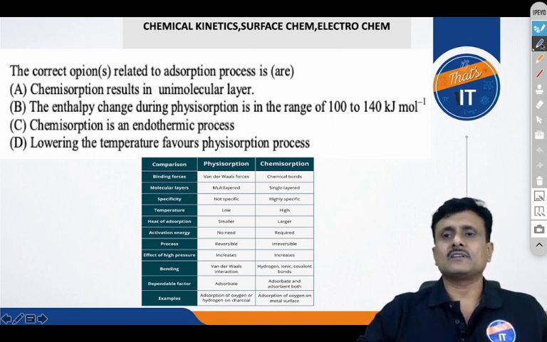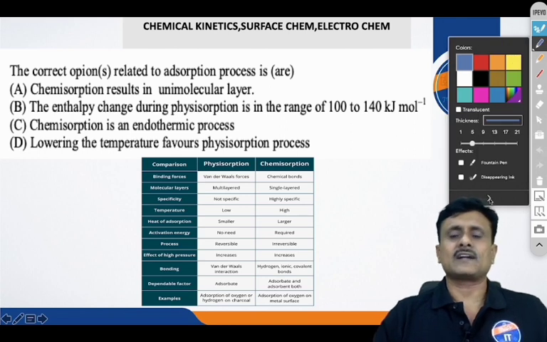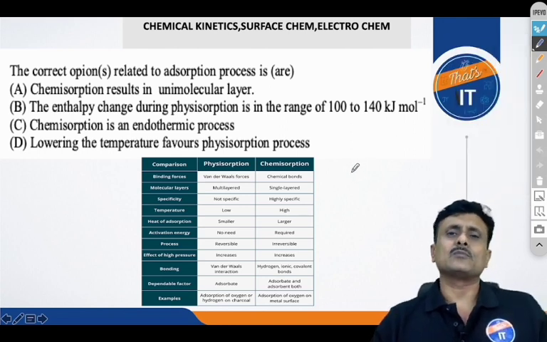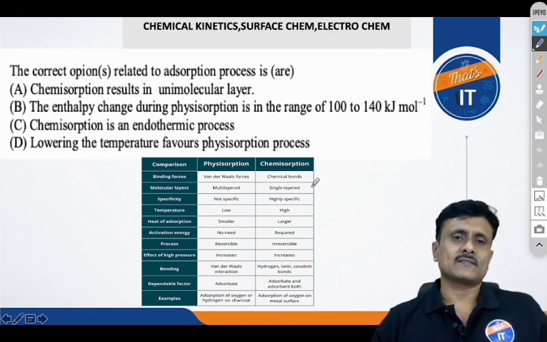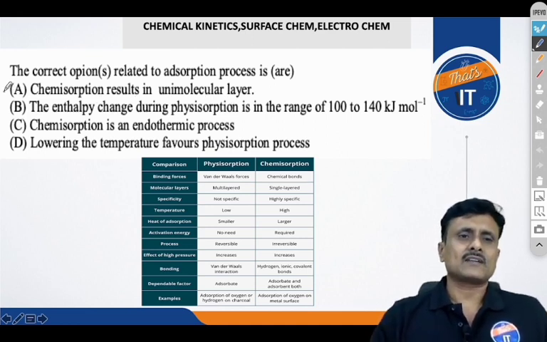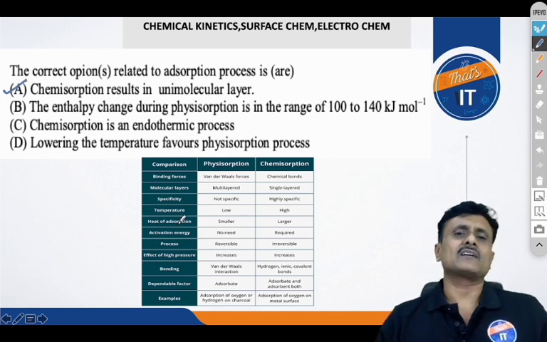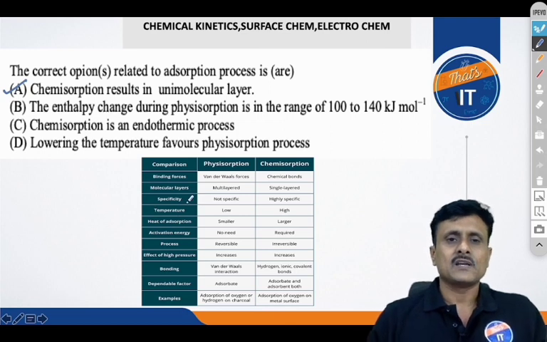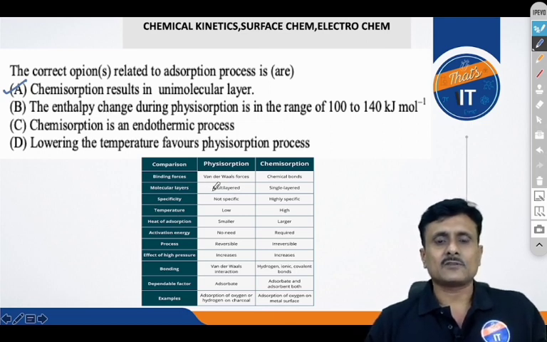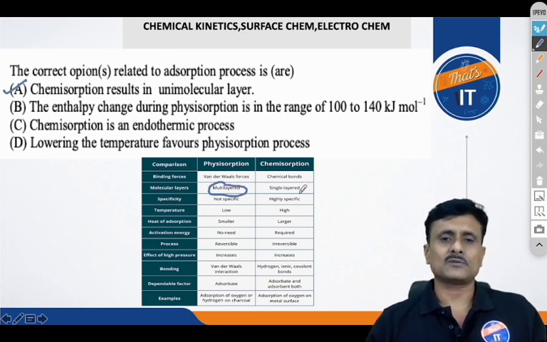You can see the first question is theoretical, as I had been saying; the question is about adsorption. The chemisorption results in a unimolecular layer, isn't it? We know that chemisorption is specific and forms a unimolecular layer, unlike physisorption, which is multi-layered. I have given you the reference table here also.